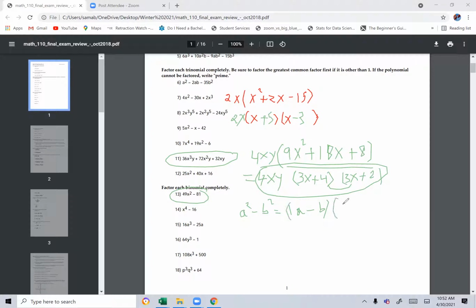What would be a for 49x squared? So a will be 7x. And what would be b for 81? 81 is the square of 9. So your answer for 13 will be 7x minus 9 and then 7x plus 9.